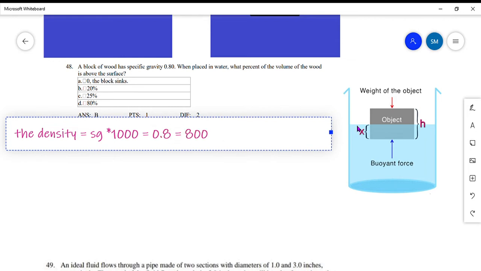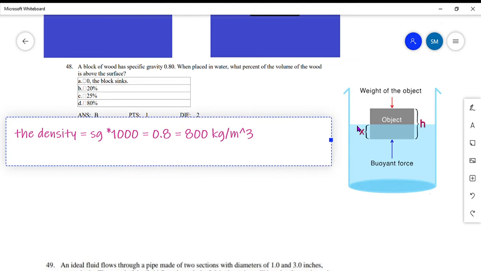Kilogram per meter cube. So this is the density of the object. So x over h is equal to 800 over 1000, where the liquid is the water, and we all know the density of the water is 1000.